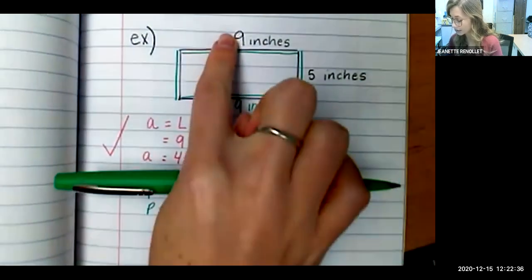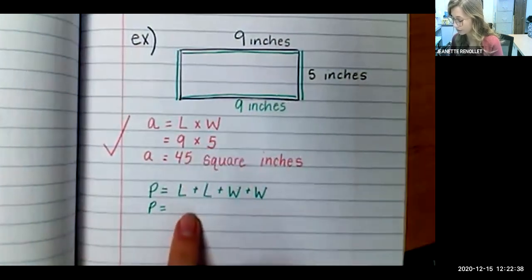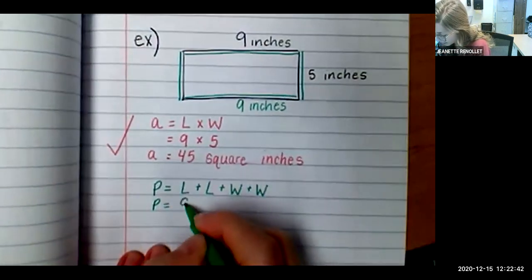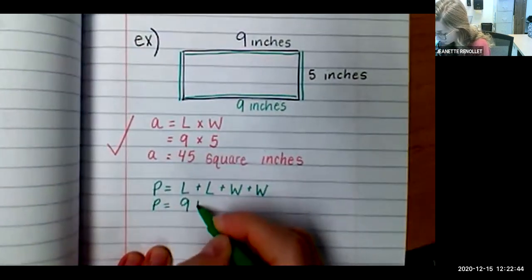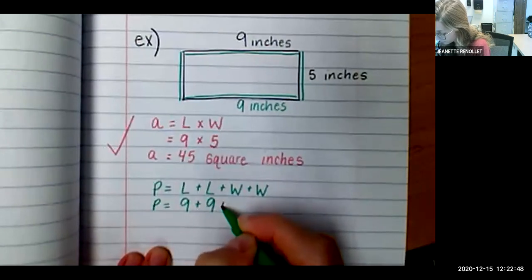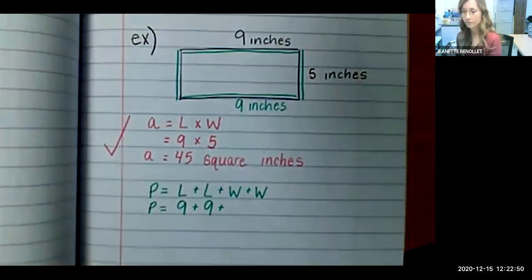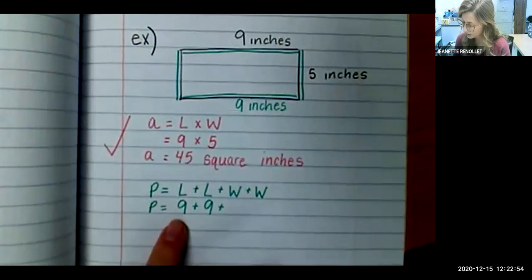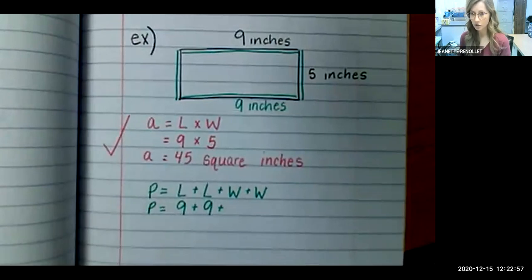So these are my lengths. I can put it here in my equation and say 9 plus 9 plus, I have now put both of my lengths into my equation.